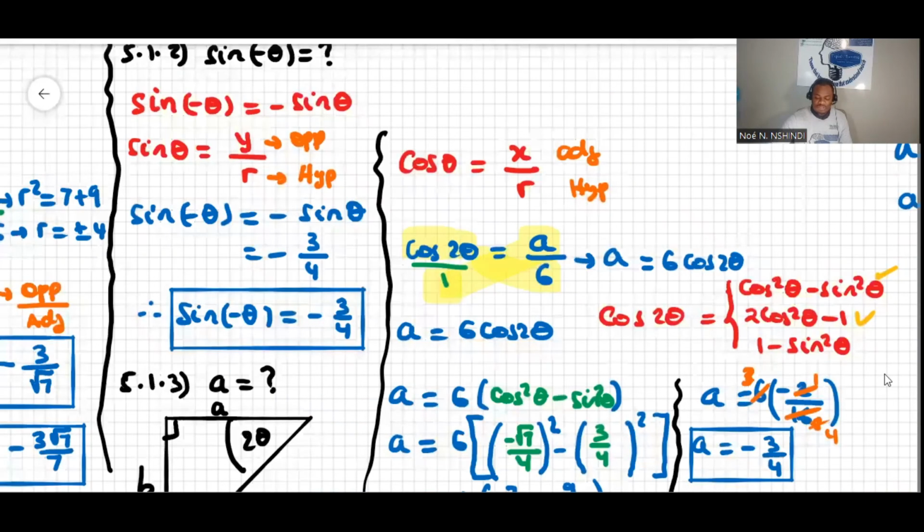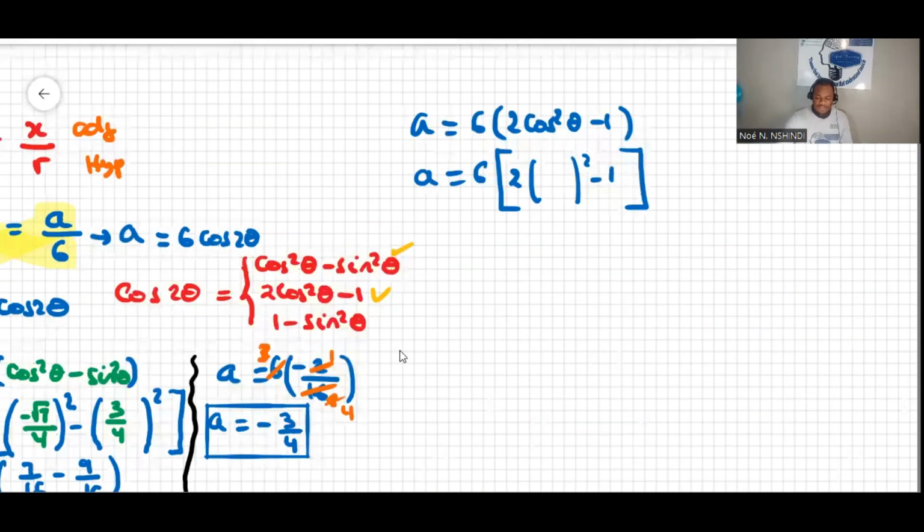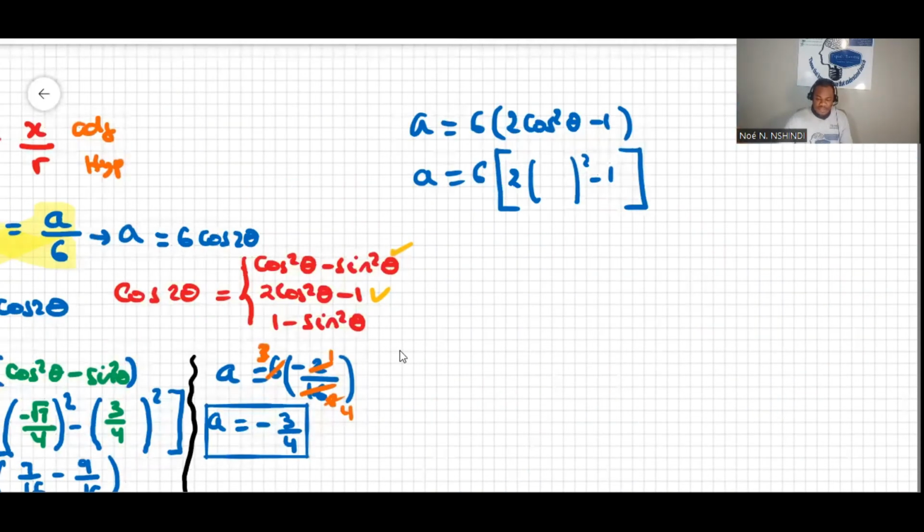So in this situation, it will be negative root 7 over 4, and then A will be equal to 6, 2, that makes 7 over 16, minus 1.